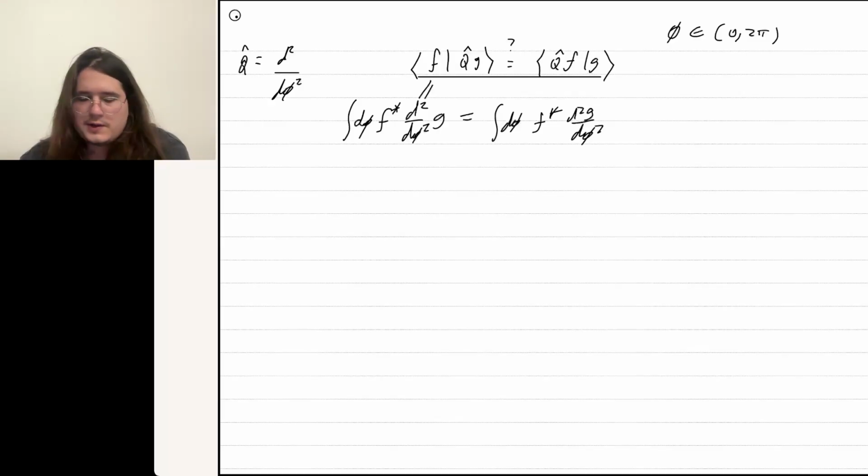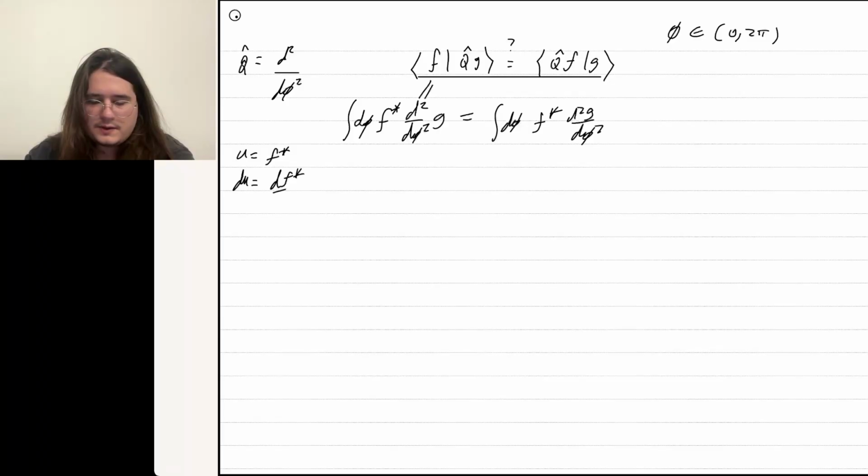We're going to do integration by parts by choosing u equals f star, and the derivative of that would be df star d phi. dv you choose to be d squared g d phi squared, and so v will just be dg d phi.